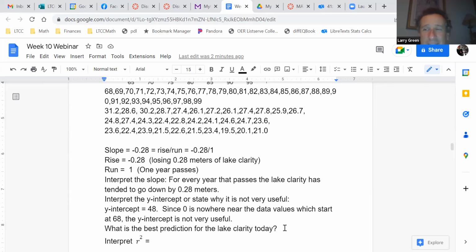What's 2023 minus 1900? That's a hint. 123. Yeah, 123, because from 1900 to 2000 is 100, and then another 23 years, so 123. Okay, so that's the same thing as saying, what is y of 123?